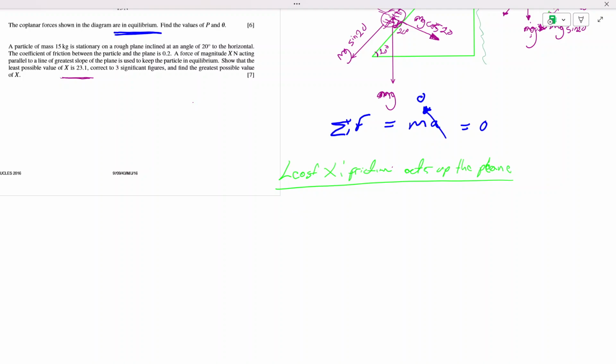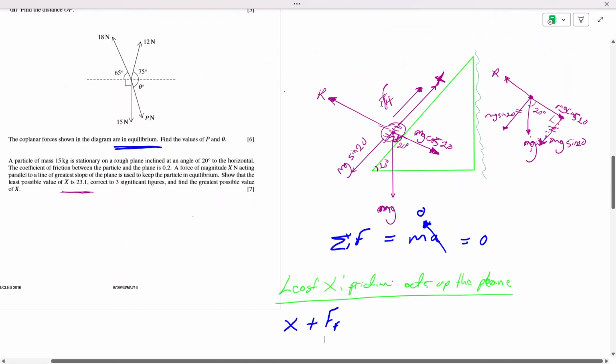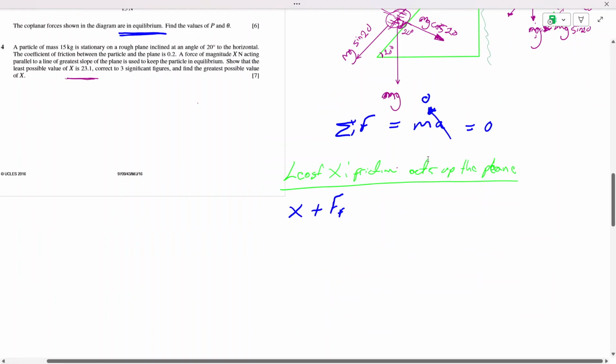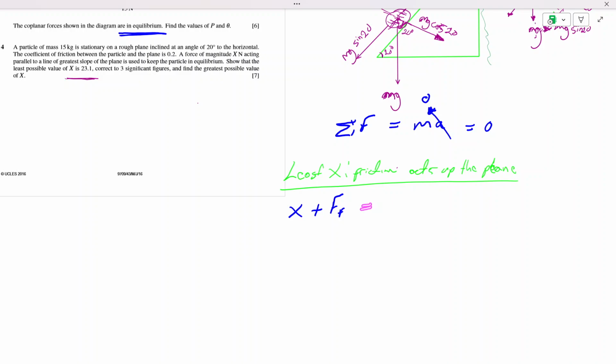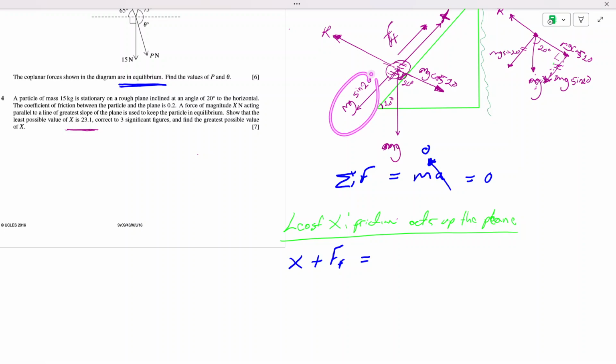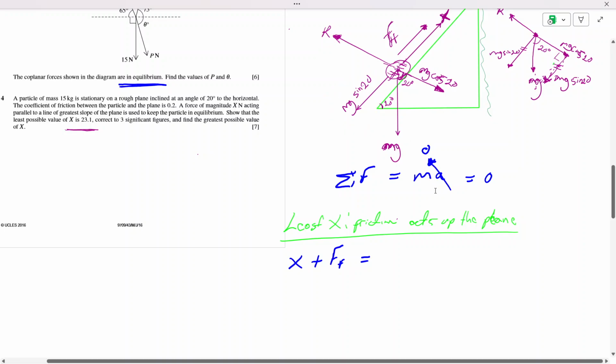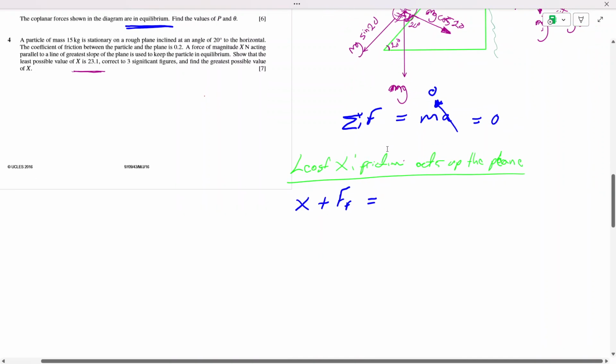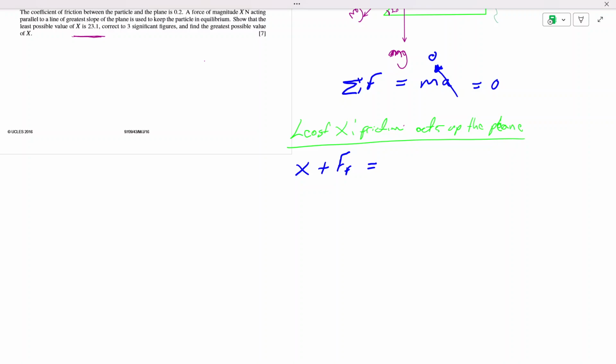So the force acting up the plane is x plus the friction force, just like I showed here on this diagram. X and the frictional force, right, is equal to the force acting down the plane, which is the component of the weight parallel to the direction of the plane, right? Of the inclination of the plane, right? It's mg sine 20.